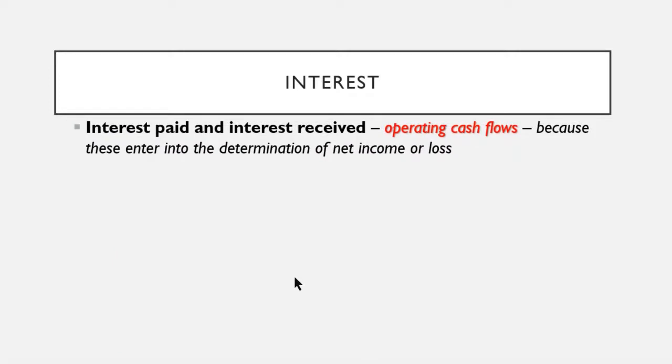What will be the treatment for interest? So if it is an interest paid or an interest received, the general rule is it is an operating cash flow because these enter into the determination of net income or loss, especially if the interest is arising from a receivable or a payable that's related to the revenue producing activities of the entity.